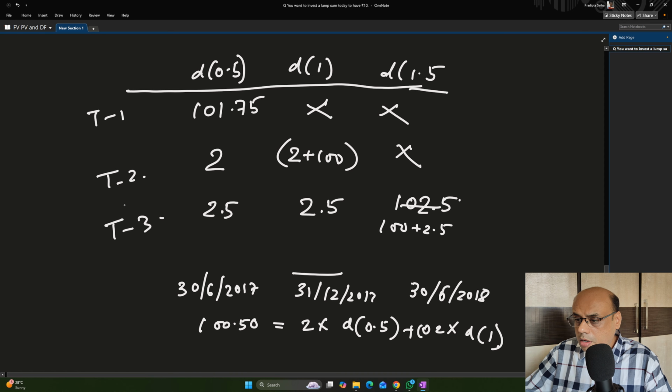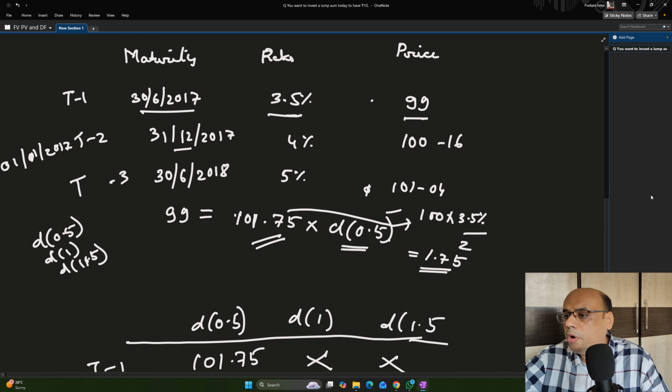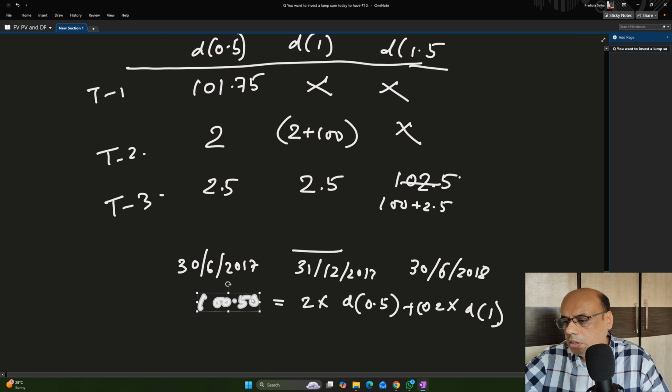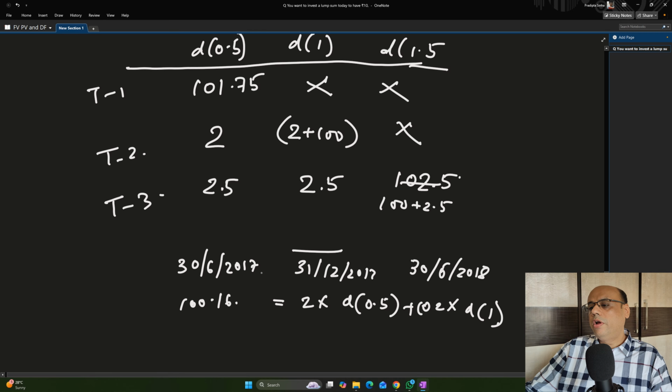Sorry, here, whatever was the value here, let's check. 100.16 was the value, so we can put it here as 100.16. And then D of 0.5 we just found out and we can add it here. Similarly, we can find D of 1.5.